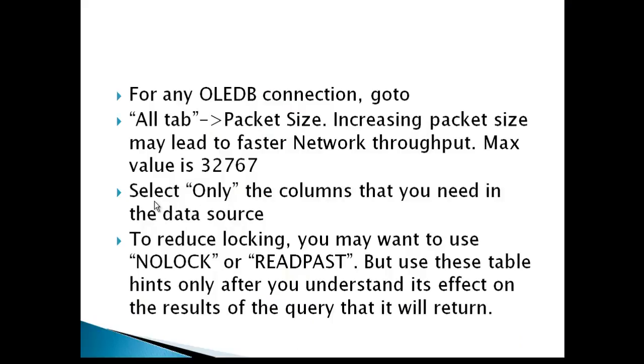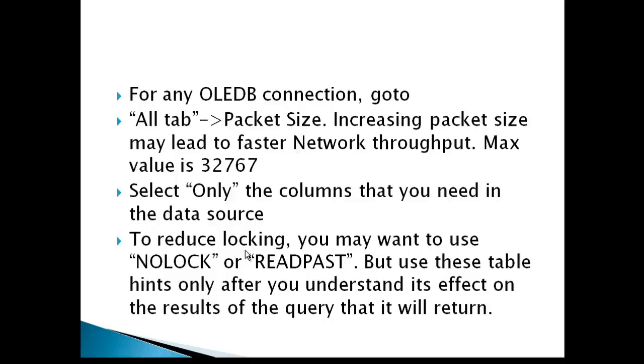To improve the performance of our SSIS package, select only the columns that you need in your data source. So don't bring more columns into our package than what is actually required. To reduce locking from the queries which are extracting data and bringing it to our SSIS package, we can use table hints like NOLOCK or READPAST while extracting data from database tables.